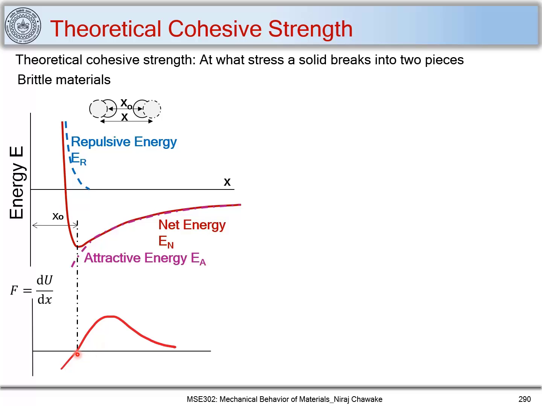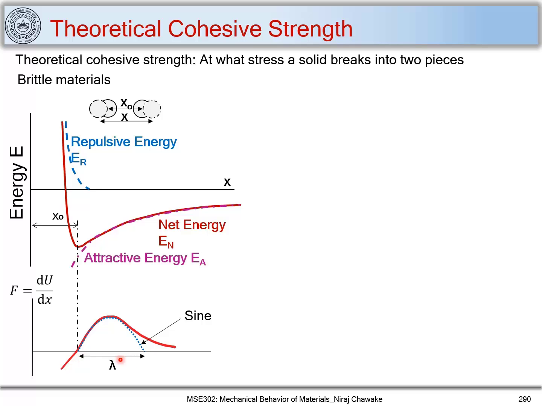Now you can consider that this force variation with respect to x varies in a sine way. I consider this force variation to be sine. This is just an approximation so as to find out the theoretical cohesive strength, and this assumption remains valid for most materials.